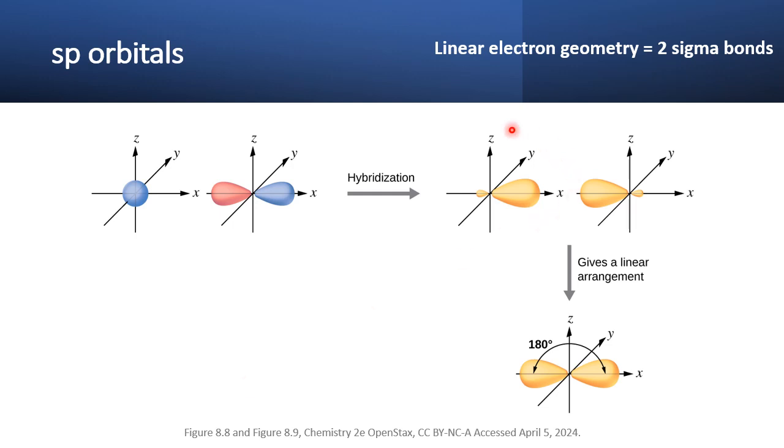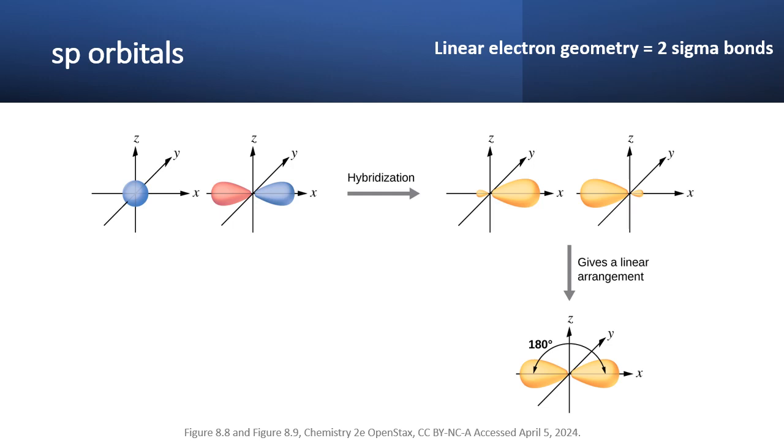So that is this guy. When you put those 2 together, they line up to be 180 degrees apart, which is what our VSEPR predicts. Okay, so it's still kind of like a figure 8, but it's distorted so that one side is really, really fat.